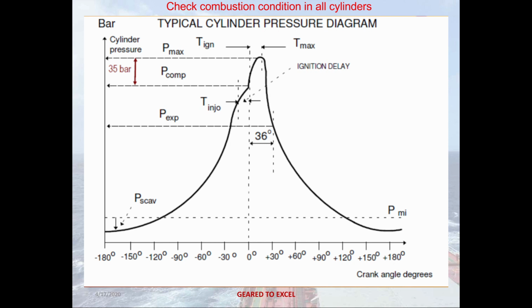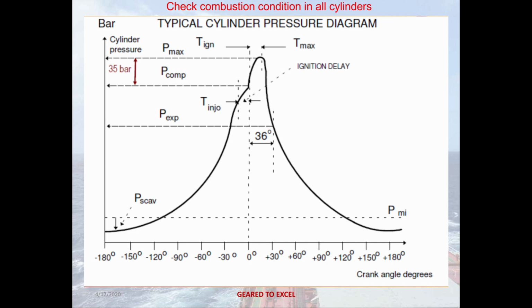Time of injection, and this is the PCOM, compression pressure, maximum compression pressure, and when ignition takes place, this is the ignition here. Pressure rises and Pmax. It is maintaining a 35 bar differential, and this is expansion. So there is no fault in this diagram. This is the standard diagram, and this is the ignition delay period.